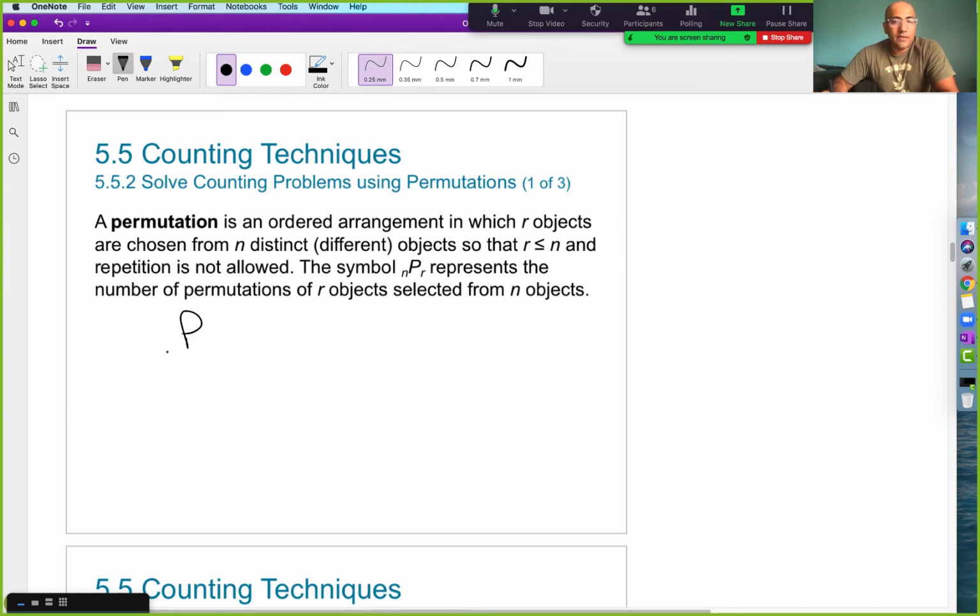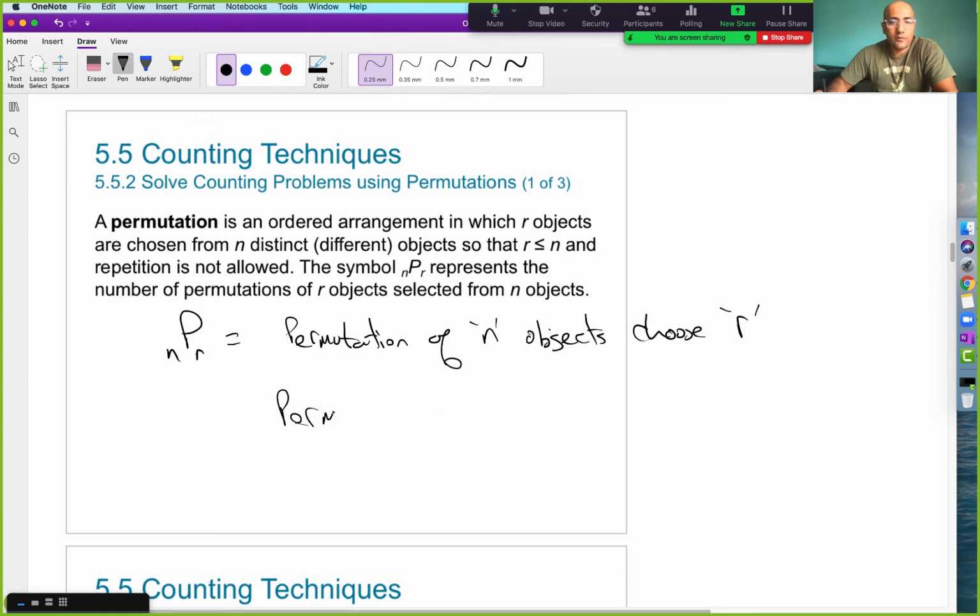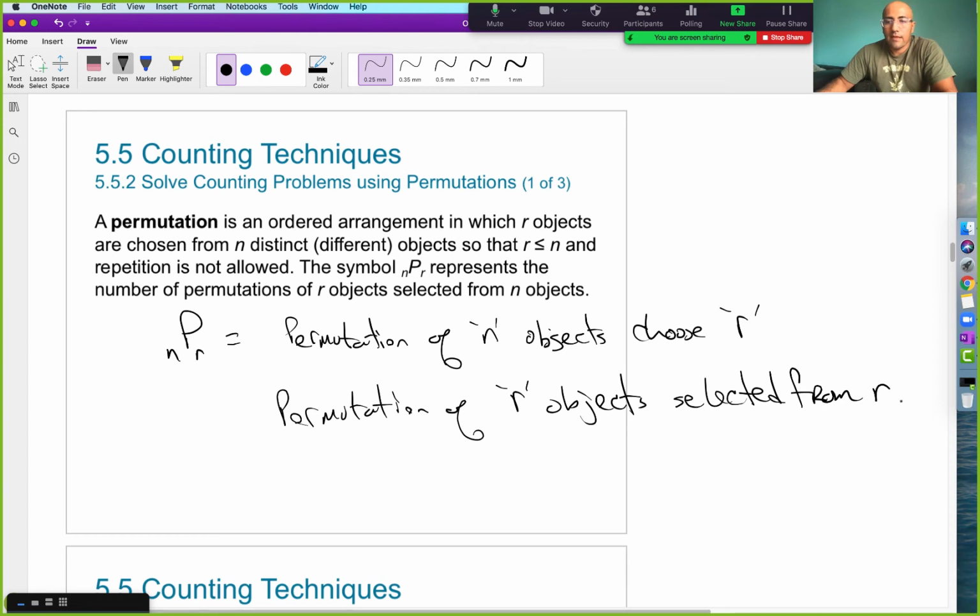The way I like to read it is permutations of n objects choose R. Or the other way around, permutations of R objects selected from n.